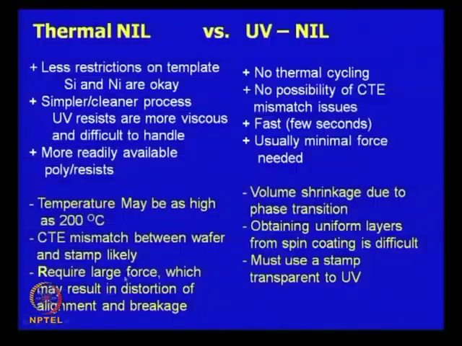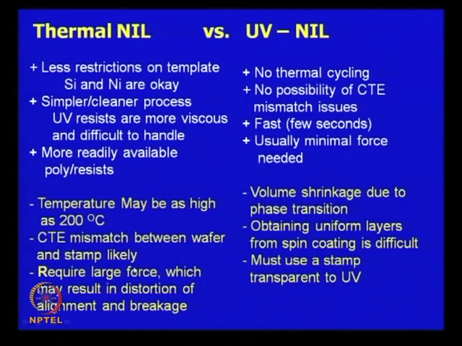In thermal NIL, coming back to the comparison, thermal NIL of course requires pretty high temperature, and temperatures can be as high as 200 degrees centigrade. There is a possibility of coefficient of thermal expansion mismatch between wafer and the stamp, and it requires a larger force as compared to much lower forces which are necessary in UV nano imprint lithography, and much higher forces may result in distortion of the alignment and also possible breakage of the substrate as well as the stamp.